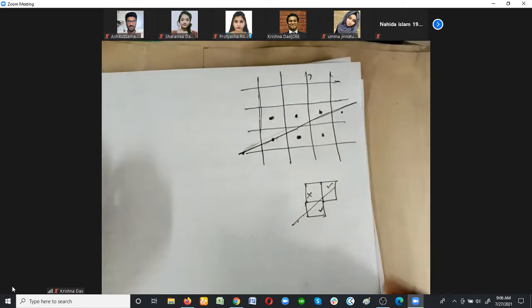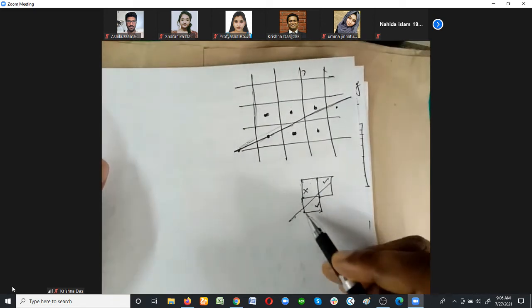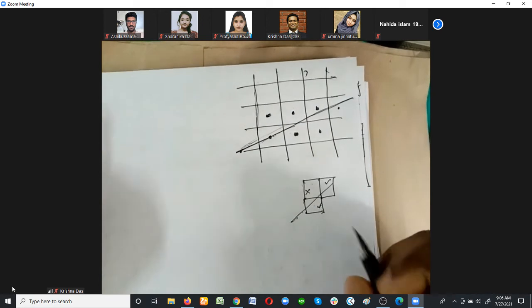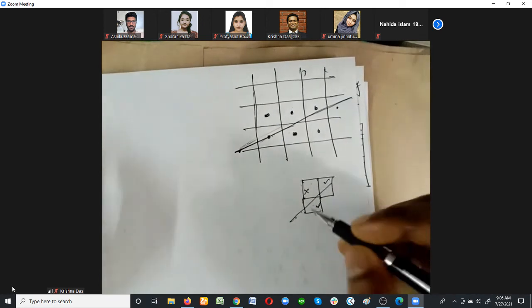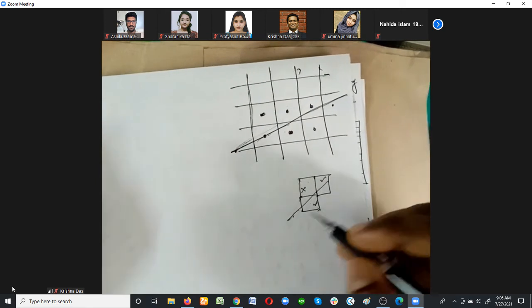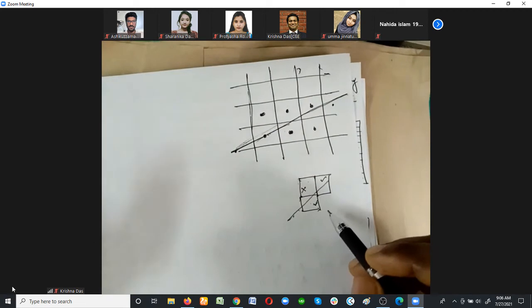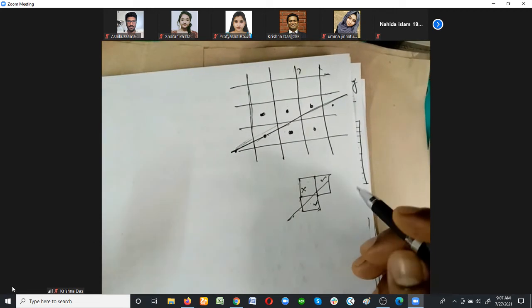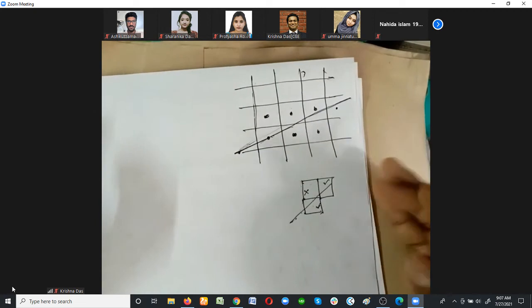Some parts of the edges are unnecessary, like this one; if we light up all three of them, then definitely the line will not be better, okay. I am just considering that definitely a straight line, when it goes through, if you go to the pixel level, we cannot see it at the pixel level with our naked eye, because as you have seen, there are millions of pixels there.